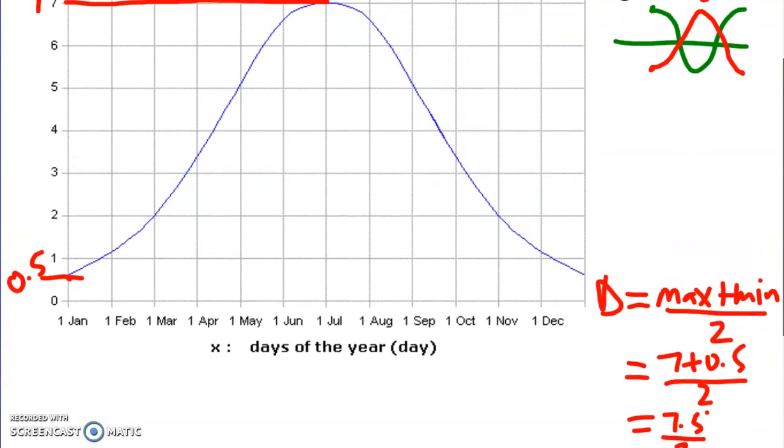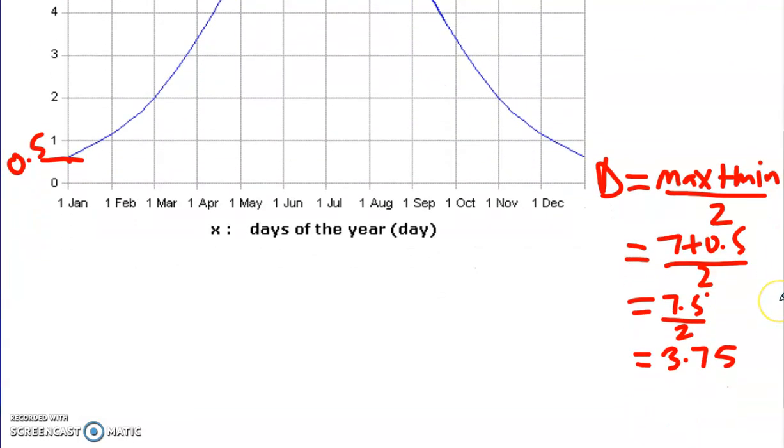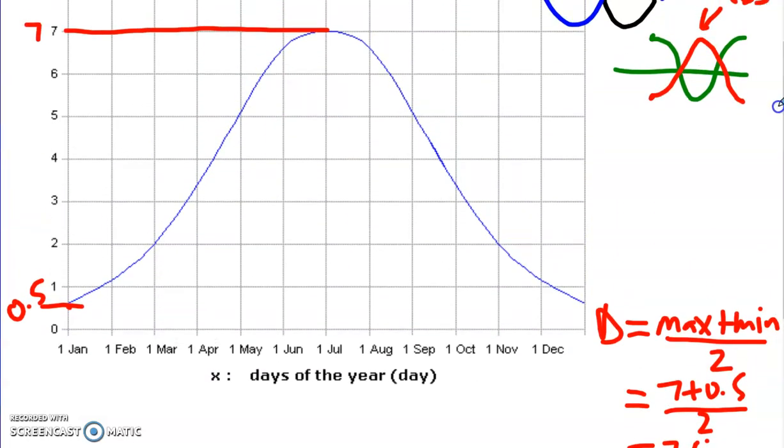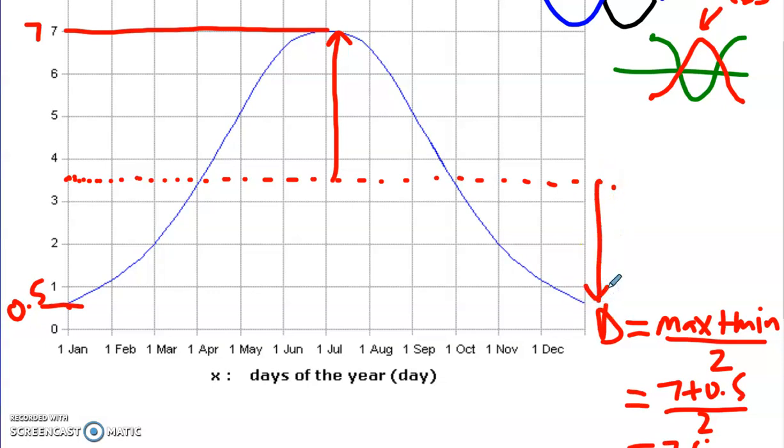Okay, so that's my D. Remember, your D gives you your center line. And so up here, that is my center line. And then from my center line, I can visually do my amplitude, going up and down from that.